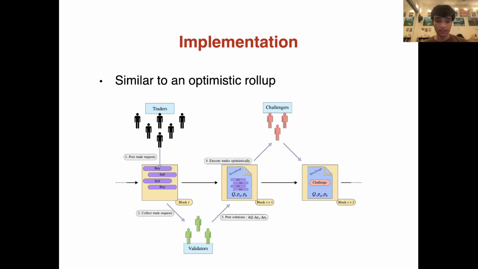Fourth, they execute all of these buy and sell trades optimistically, assuming they are valid. Then the challengers check the validity of the solution, meaning they check if the solution's delta Q, delta PA and delta PB are correct. They post challenges for an invalid solution.